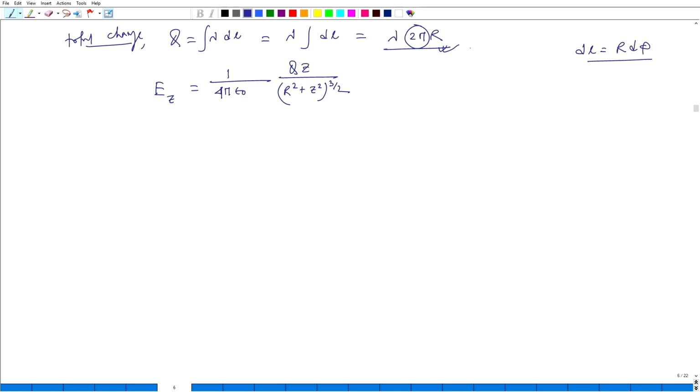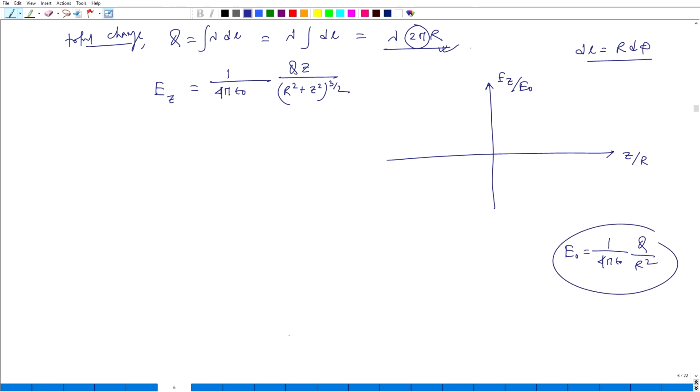So again, if we plot this Ez as a function of z, we make a dimensionless variable: z by r, where r is the radius of the ring, and Ez by E naught, where E naught is 1 over 4 pi epsilon naught q over r square.